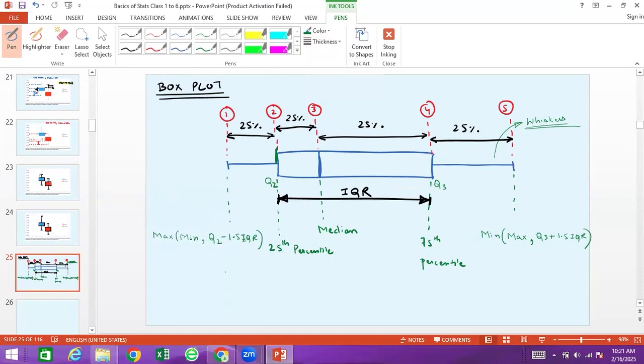If your minimum value is smaller than this, I will consider it as an outlier, so I will stop my whisker there. Then the other values will come as a dot. Whatever is outside this will come as a dot, and whatever is bigger than this will come as a dot.